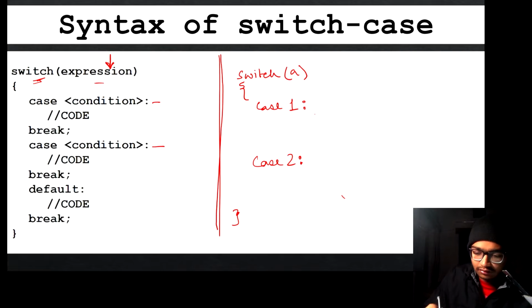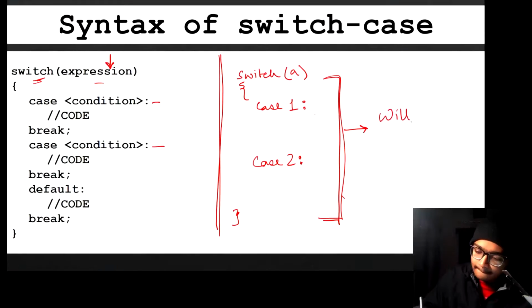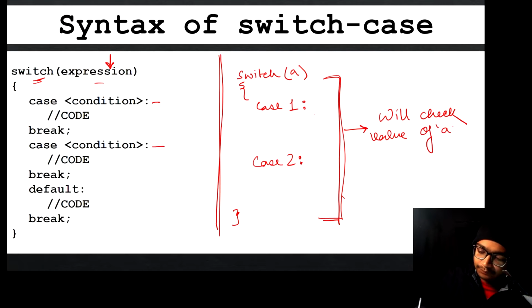So what will this code do? This code will check the value of A, that is the variable A, which is the user input. What is this A? It will be the value from the user.